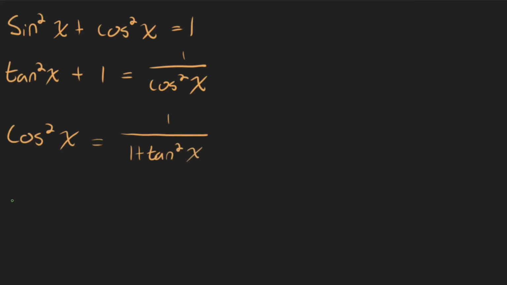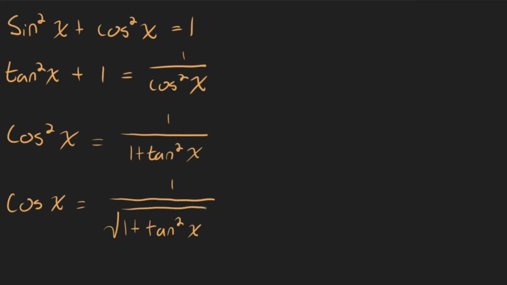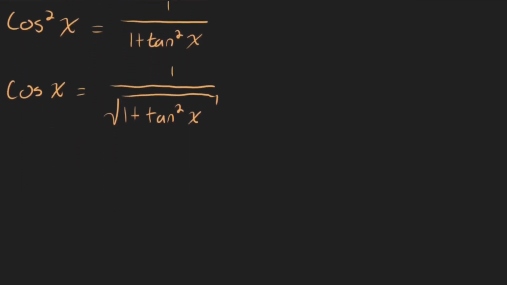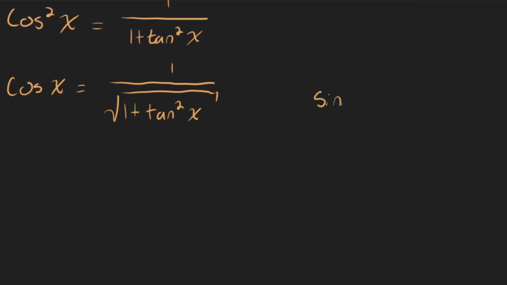Now I take the square root to get the cosine of x in terms of the tangent, which is what I'm really looking for: 1 over the square root of 1 plus tangent squared of x. Boom. Now the sine of x, remember, is just equal to the cosine of x times the tangent of x, because the tangent of x is equal to sine over cosine.